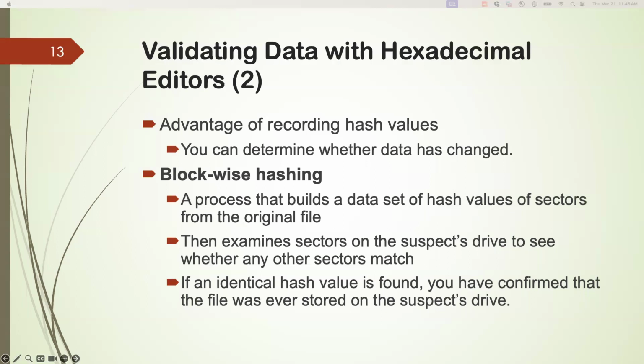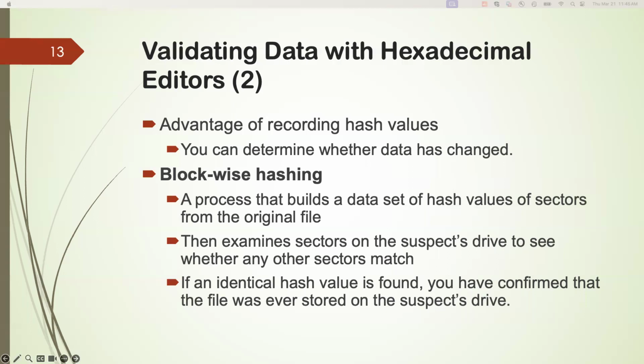Another way is that, sometimes we have files, we delete them later on, and some of the file data still remains in the hard drive in the form of slack space and so on. So with blockwise hashing, we create different blocks of the target file, create hashes of those, and then create the hash of all the clusters on the hard drive.